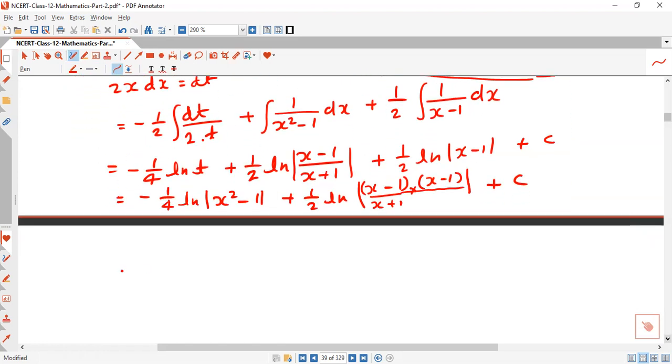If you want to combine all these four values, so say 1 by 4 is there here as power and this 1 by 2 power is there, I may also combine all this. This comes out log of... not needed to do so many complications. Or want to do these complications?